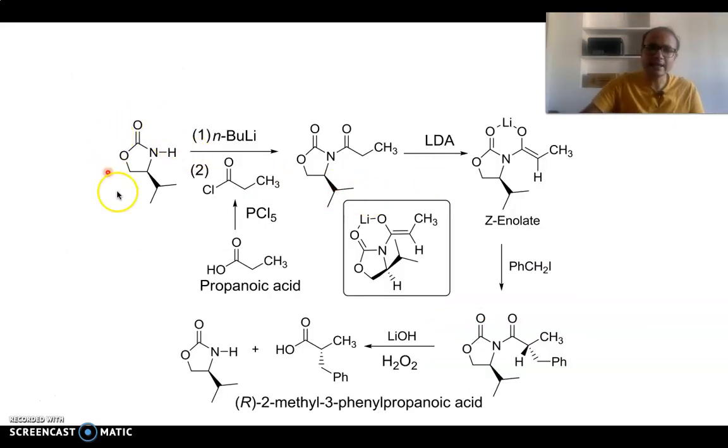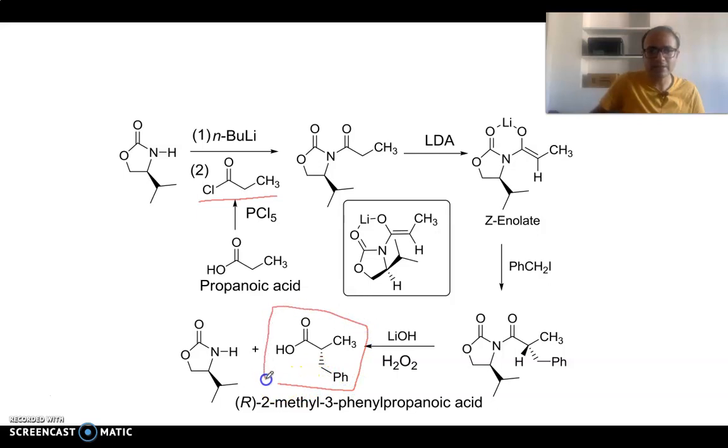So this is a chiral auxiliary that is used. This is actually synthesized from L-valine, which is naturally available in the chiral pool. So just by modification of L-valine, you can make this particular molecule. Okay, and what right now we are going to do is we have to synthesize from here and get back this particular molecule.